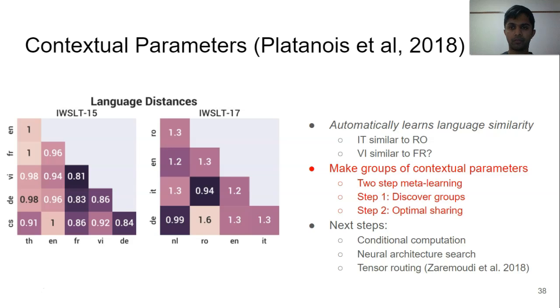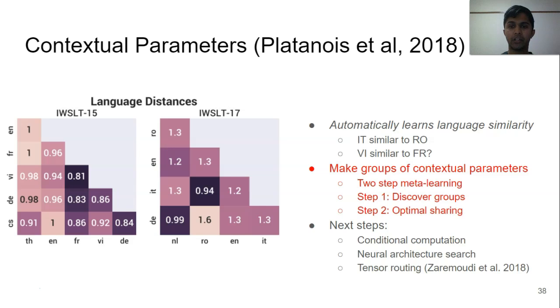Now, the outcome of this particular analysis is we can have a two-step meta-learning, where in the first step, we group languages indiscriminately, discover groups, and then after that, separate languages into groups and then have group-specific multilingual neural models.